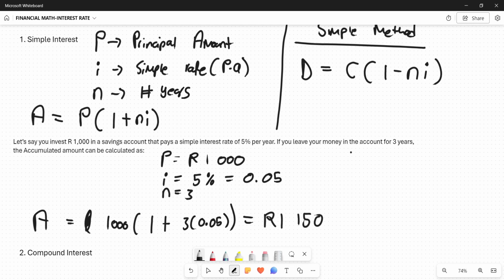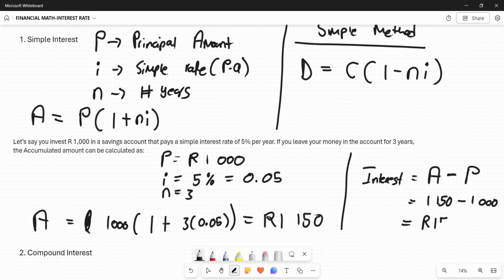To calculate the interest, it will be the accumulated amount minus the principal amount, or the initial amount. So it will be 1150 minus 1000, which is 150. So the interest that we have earned over the period of 3 years is 150 rands. This is for simple interest.